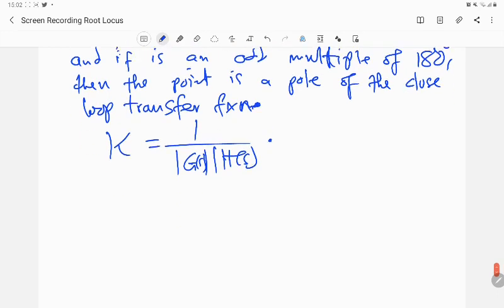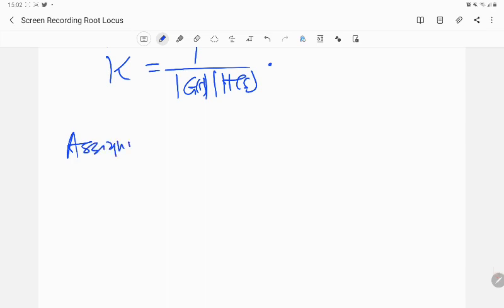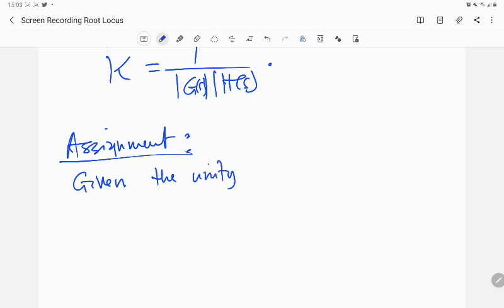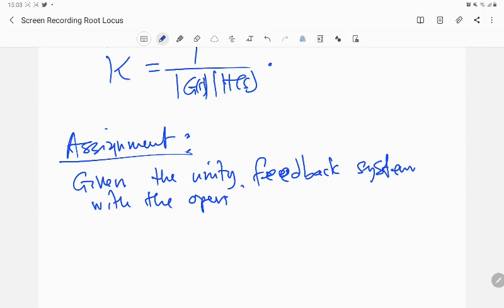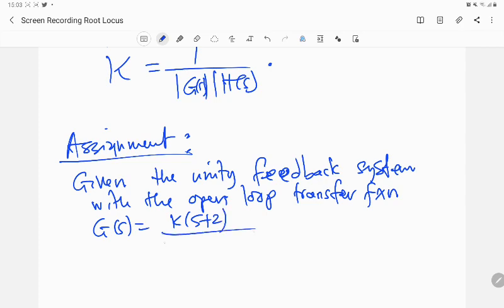So I'm going to give you an assignment. Given a unity feedback system with the open loop transfer function G of s equals K into s plus 2 all over s squared plus 4s plus 3.